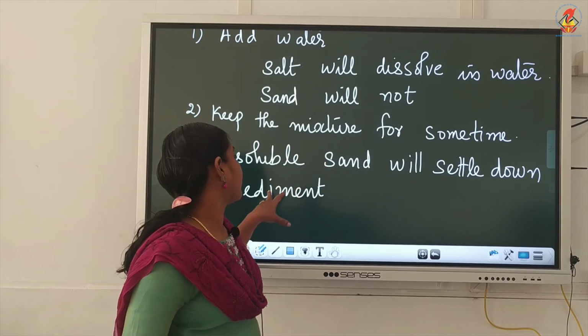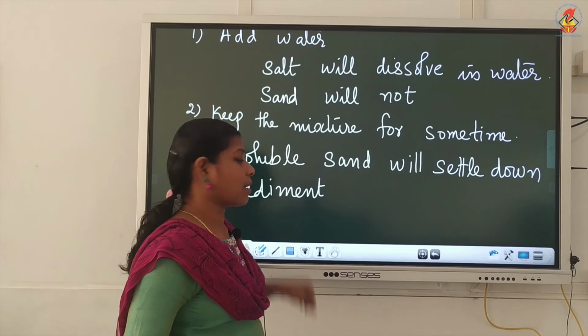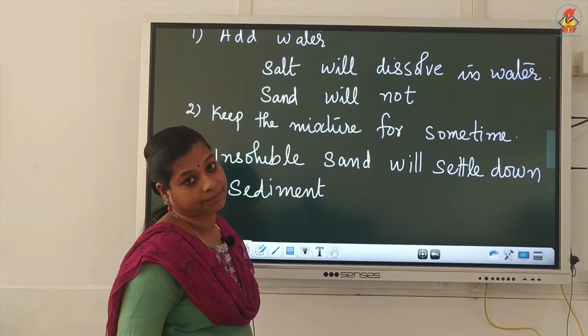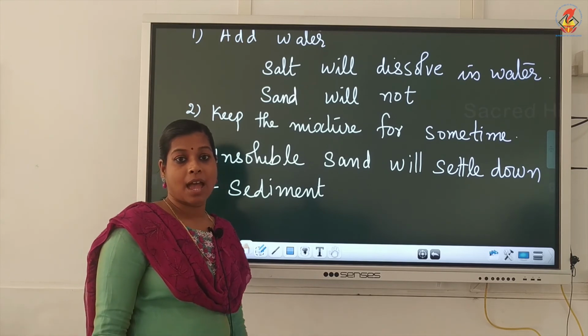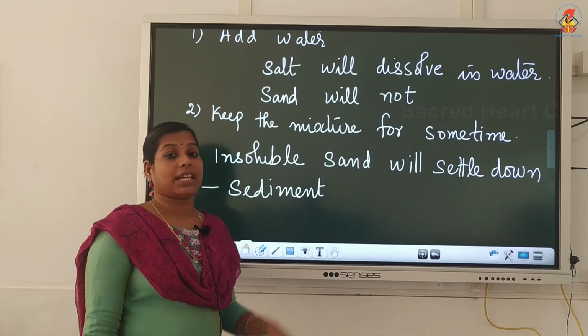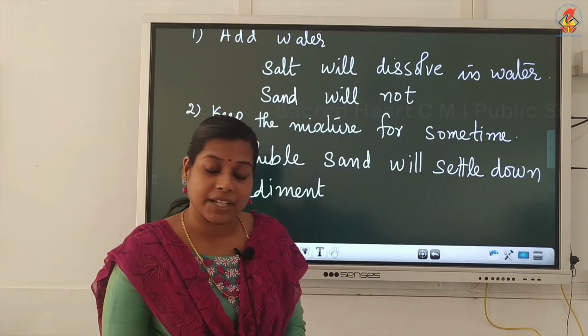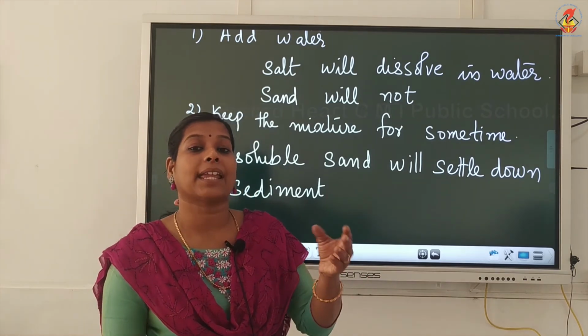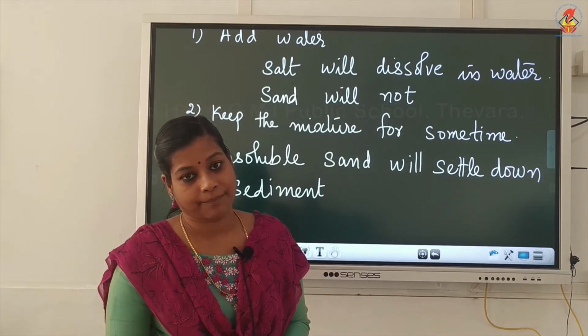After that, the insoluble component settles down, which is known as sedimentation. Sand will get sedimented there. After sedimentation, we can filter it. We can adopt decantation also, but better than decantation we can adopt filtration for getting clear water.